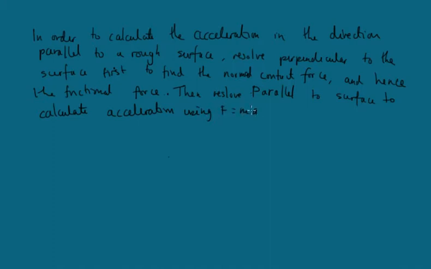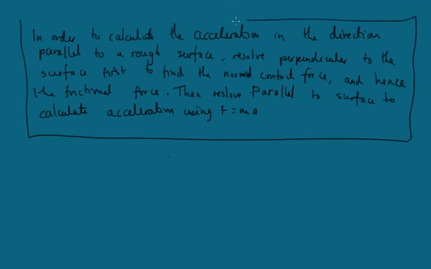Now, this is essentially what we're going to be doing today. Previously, if you remember in the last video, we were thinking about this car on a slope, and we didn't know which way friction was acting.